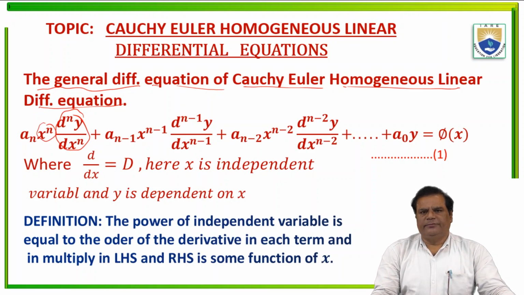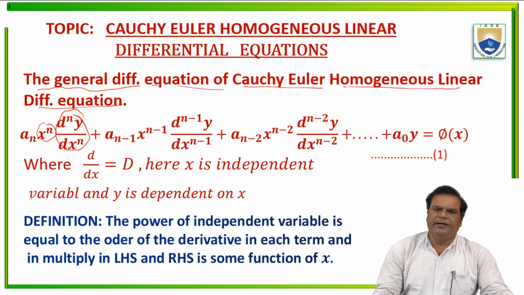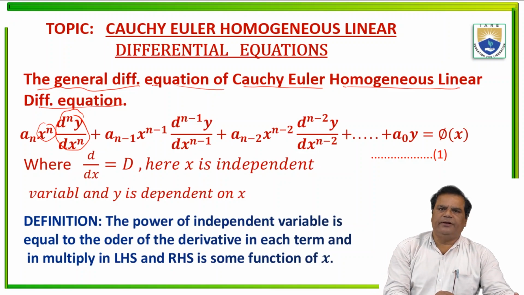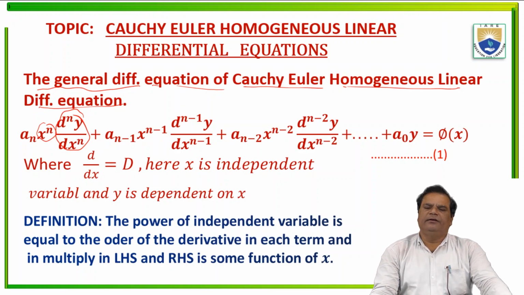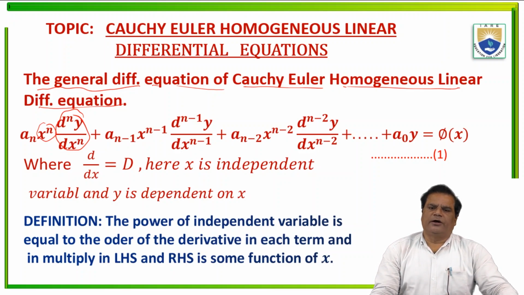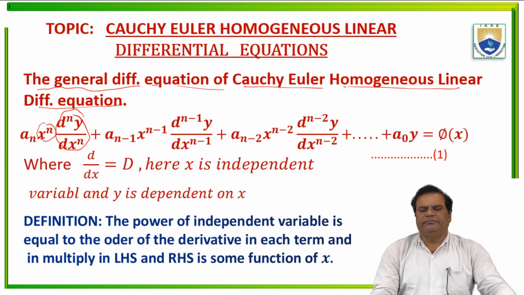Here x is the independent variable, and the power of the independent variable is equal to the order of the derivative in each term. This property is verified in each term.